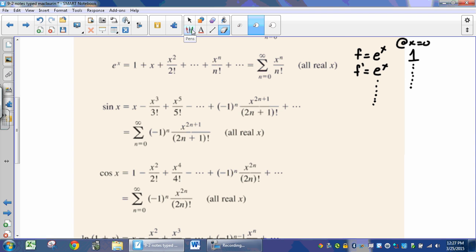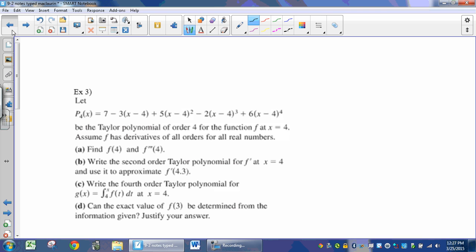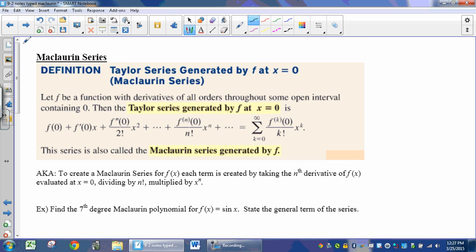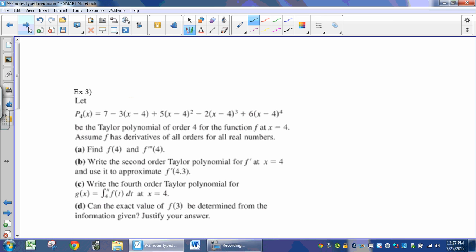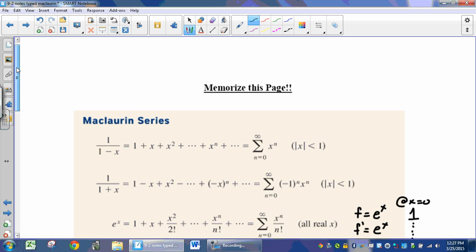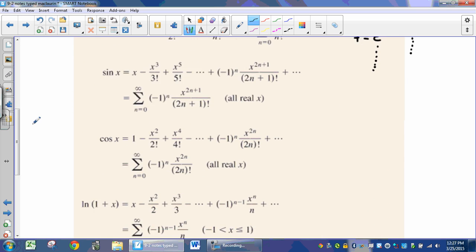All right, so then sine x. If you turn a couple pages back in your notes, we did a Maclaurin series for sine x over here. You're going to remember that sine x went 1, 0, negative 1, 0, 1, 0, negative 1, 0 for all of your derivatives, which is why the series for sine x is x minus x cubed over 3 factorial.